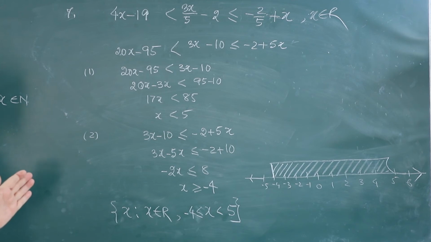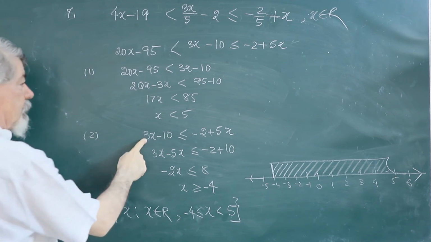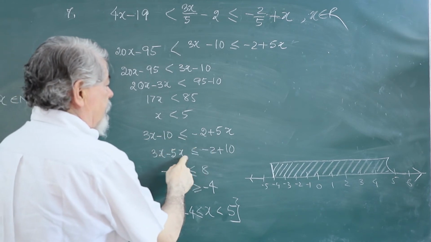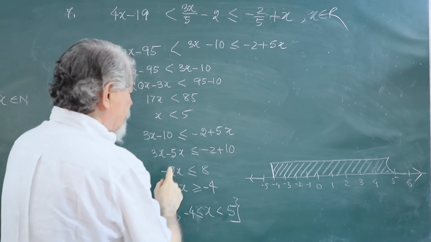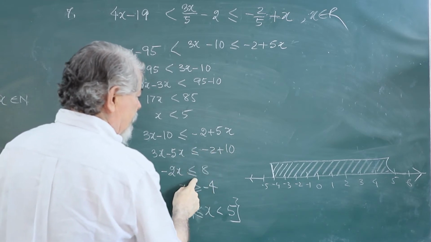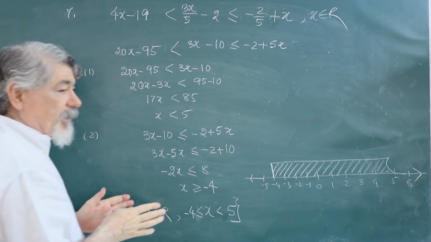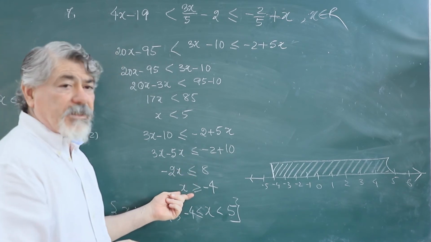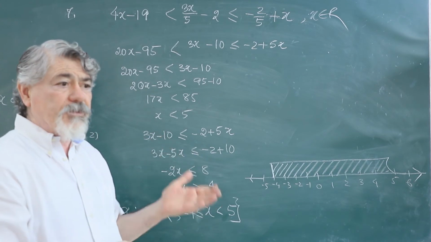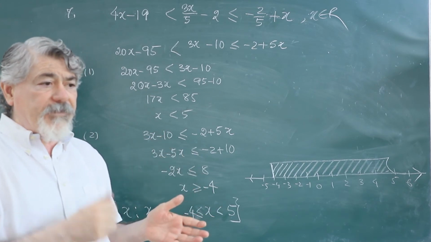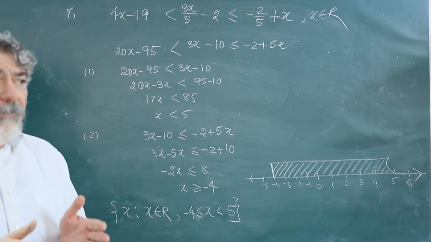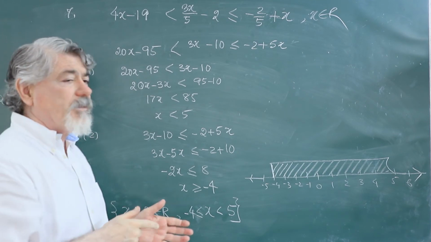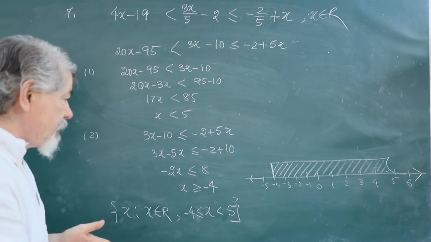We brought the x term to one side. 3x minus 5x is less than or equal to minus 2 plus 10. Minus 2x less than or equal to 8. And when we divide by minus 2, obviously the sign of inequality will reverse. We have told you time and again, whenever we are dividing by a negative number or multiplying with a negative number, the sign of inequality reverses itself.